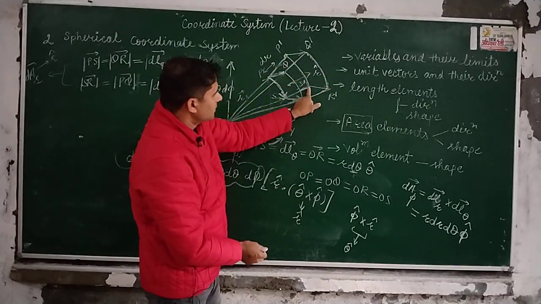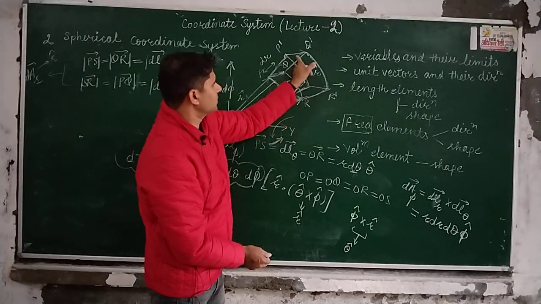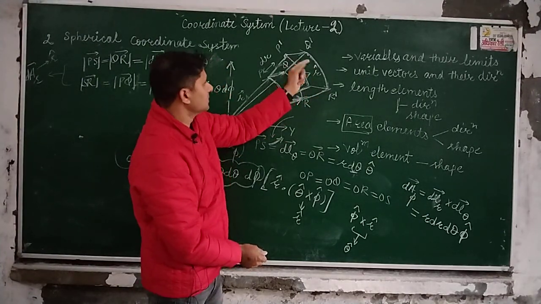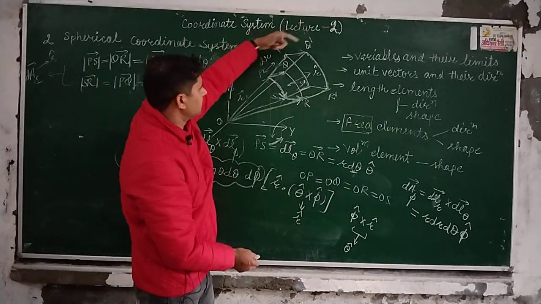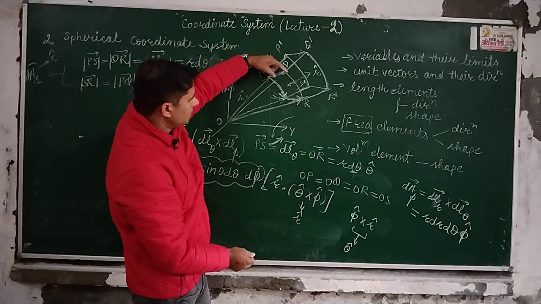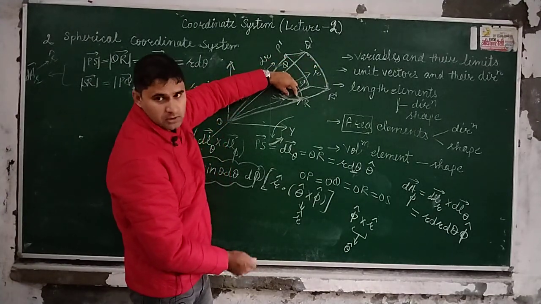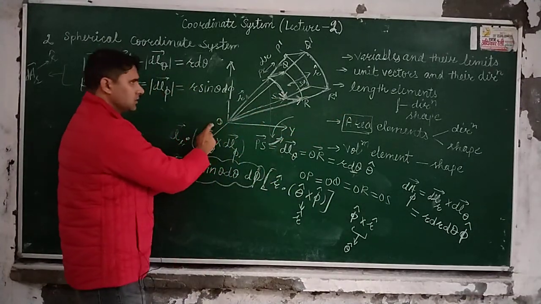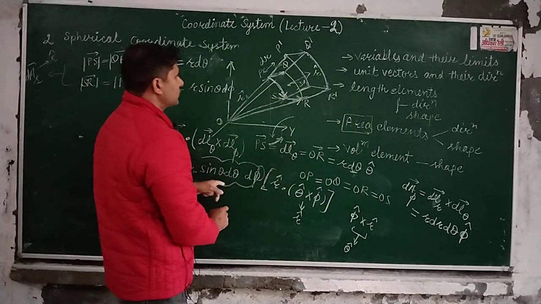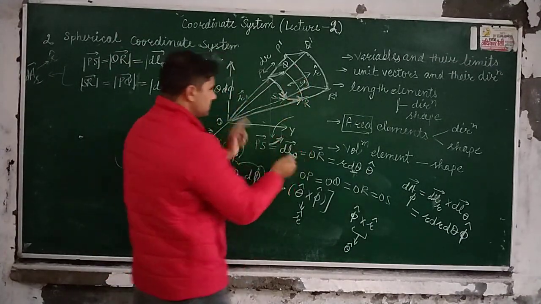In the same way, the S dash R dash length element will be equal to this length element, but the size of P dash Q dash will be greater than the size of PQ, and the size of S dash R dash will be greater than that of SR, because you are at a larger distance with respect to the origin.